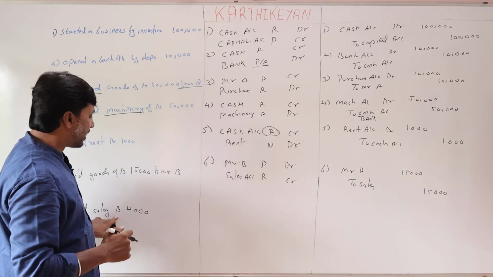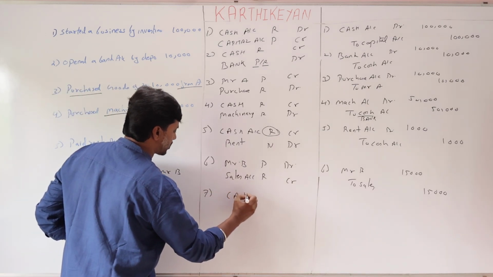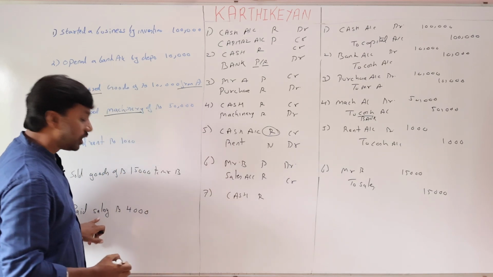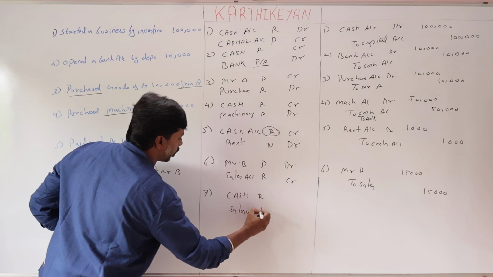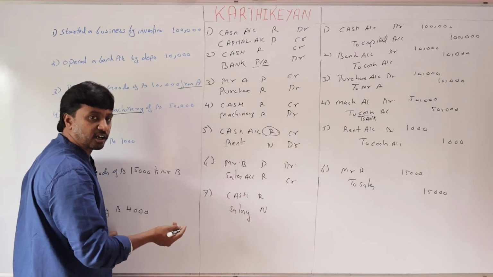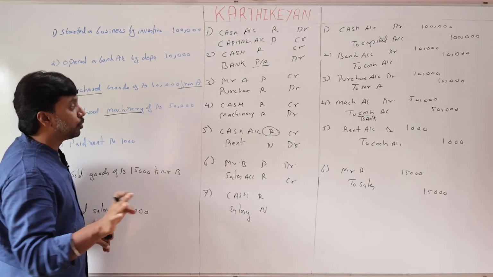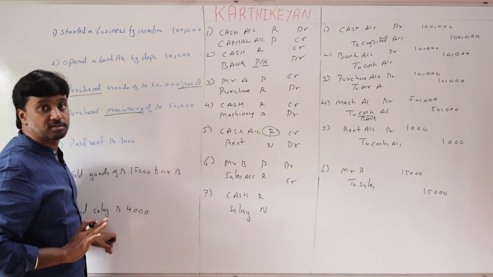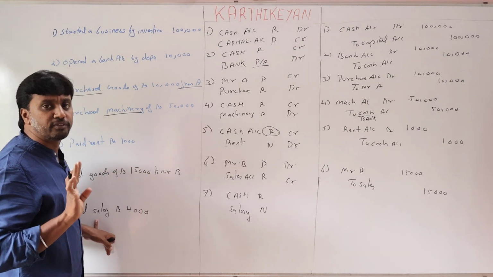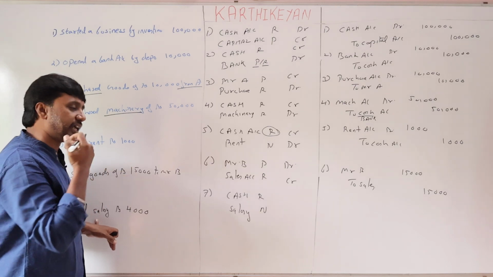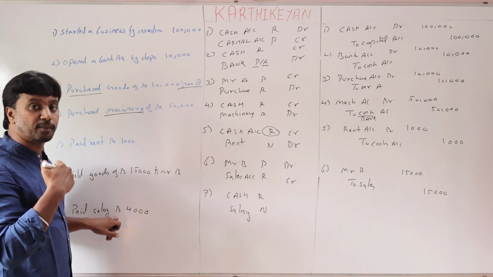Last one, paid salary rupees 4,000. Again, cash or credit? Cash, which is real. Again, what are you paying? You're paying salary. Salary is a nominal account. Cash is a real account. Cash account rule: debit what comes in, credit what goes out. Today, you might have heard me telling the rule 7 times. That's why I told in the previous lecture, write down these rules 50 times, especially the rule of real account. If you know that, the journal entry matter is very easy. Now here, paid salary, cash coming in or going out?